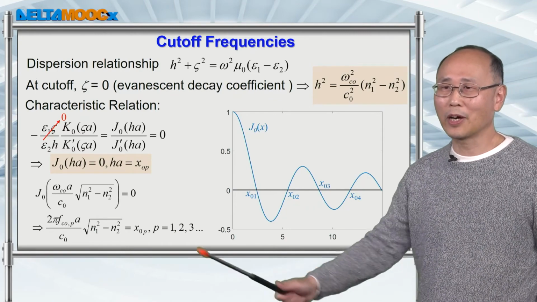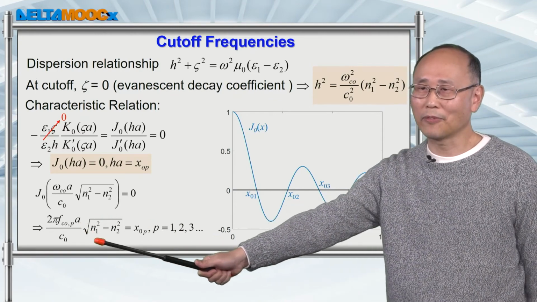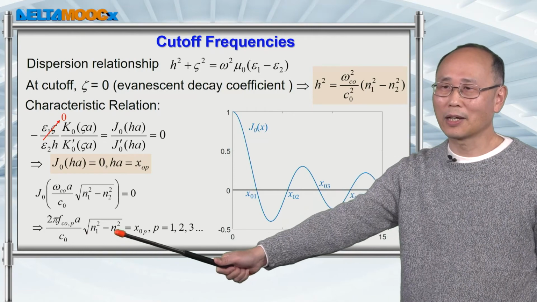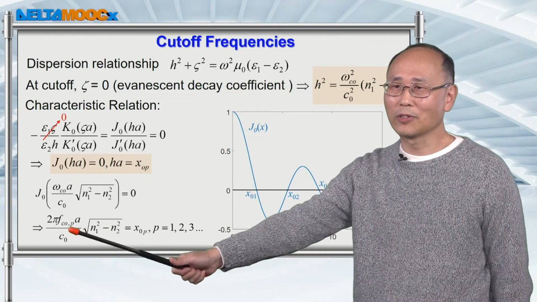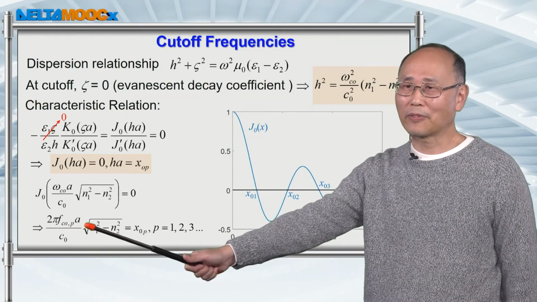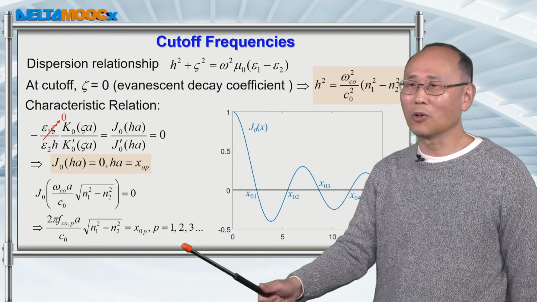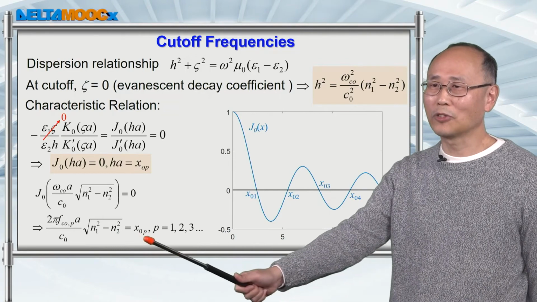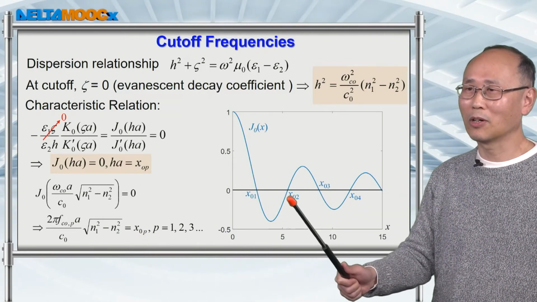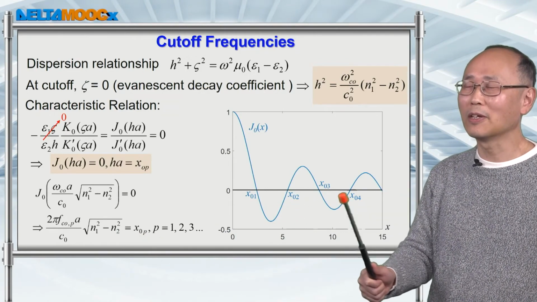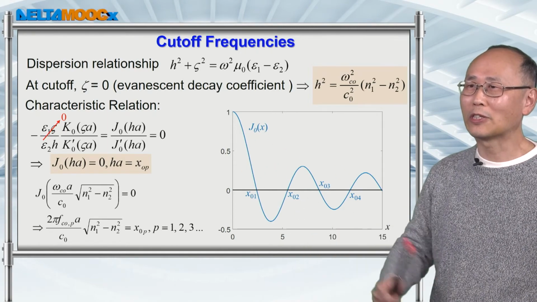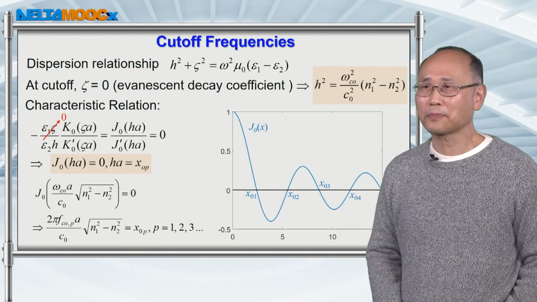So for example, the cutoff frequency given by this expression can give you the value for, say, the TM_0p mode cutoff frequency, if you just choose x_0p from a table for this J0(x) function.